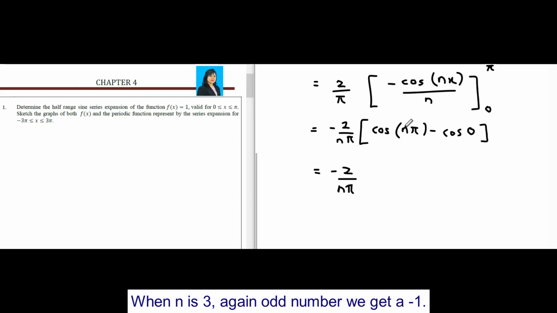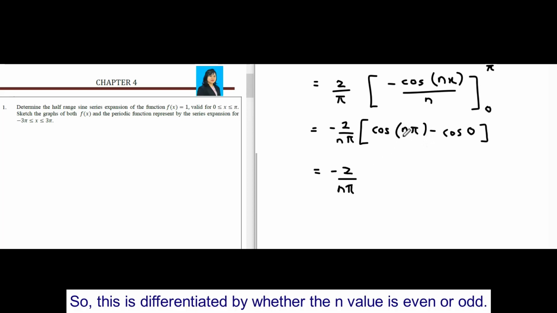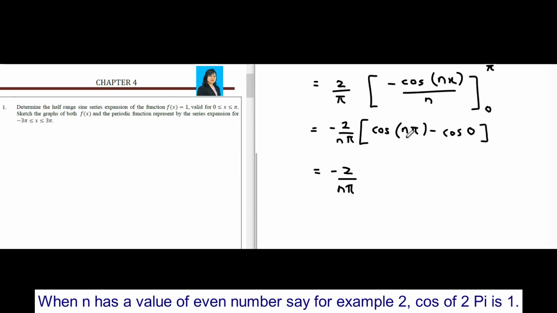When n is 3, again an odd number, we get a -1. So this is differentiated by whether the n value is even or odd. When n is an even number, say for example 2, cos of 2 pi is 1.